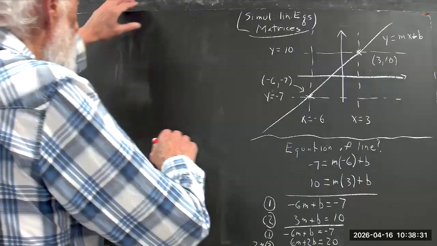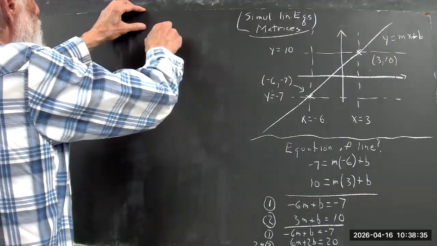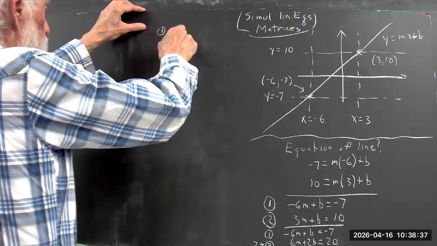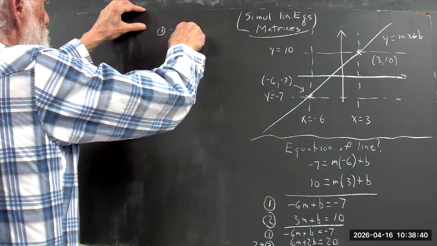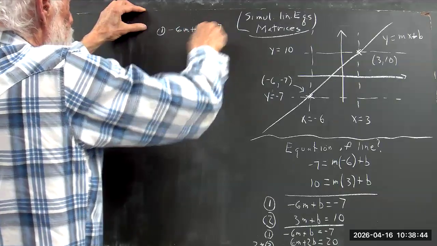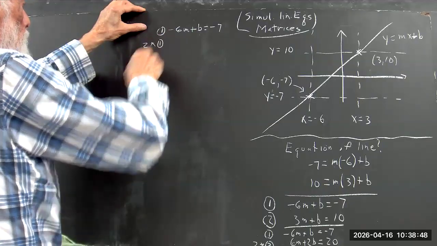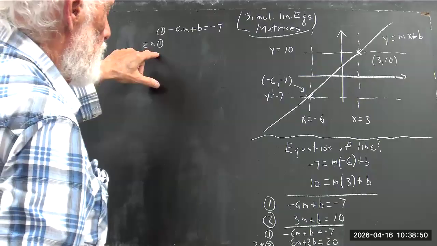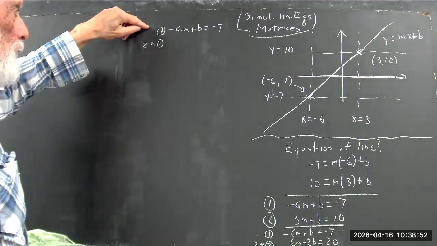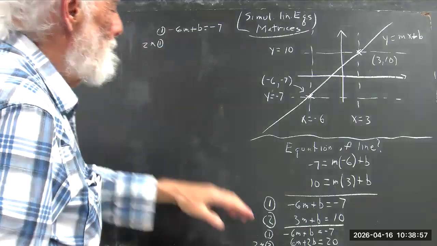Now I'm going to rewrite those equations a little higher on the board where I have more room. So that was equation 1, which was negative 6m plus b equals negative 7, and 2 times equation 2.